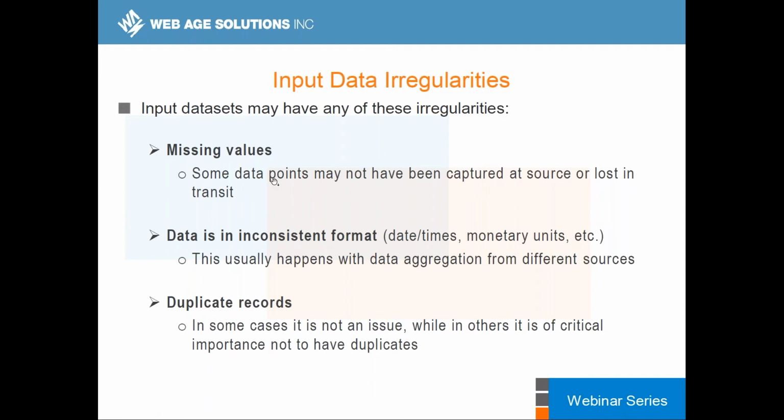You will be challenged with a number of input data irregularities. It can be missing values. Usually it happens that data points have been skipped or missed, not captured at source, and usually it happens with large volumes of data.